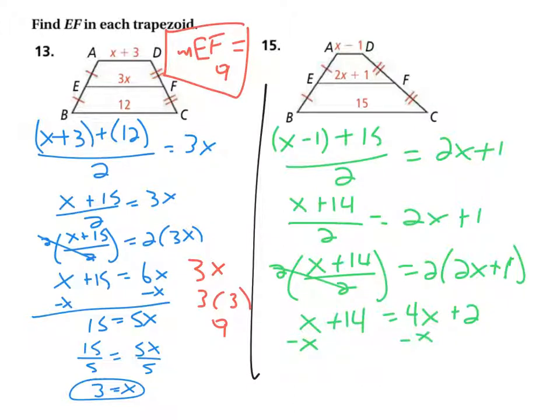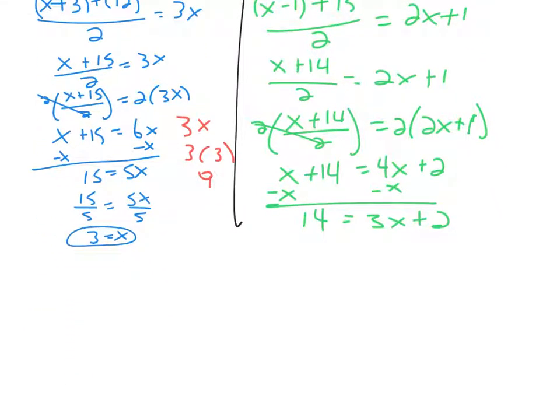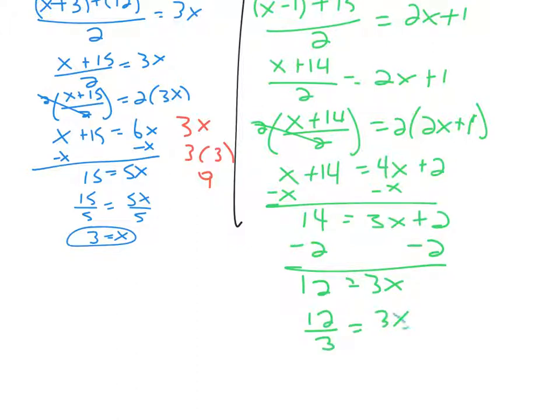Let's subtract x from both sides, and you get 14 equals 3x plus 2. And subtracting 2, we get 12 equals 3x. So 12 divided by 3 equals 3x divided by 3. And we get 4 is equal to x.